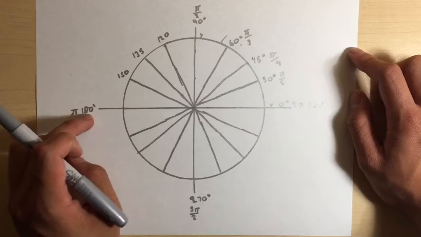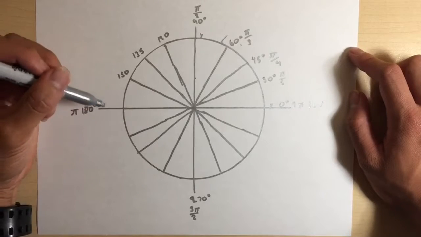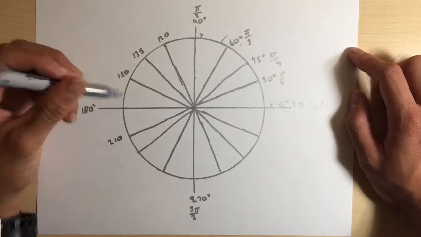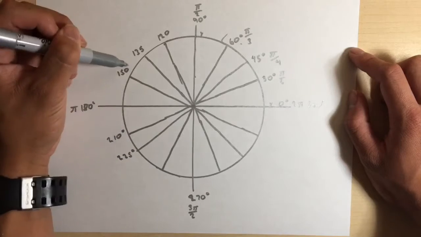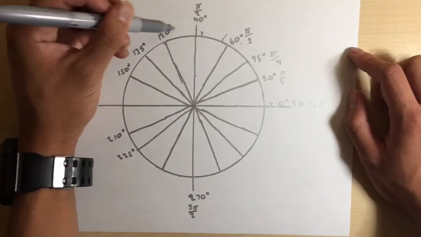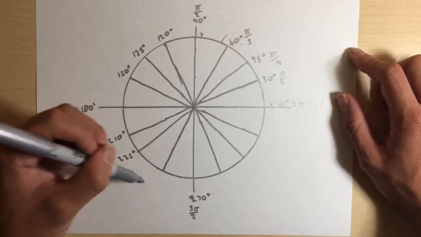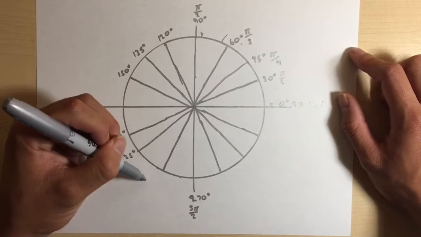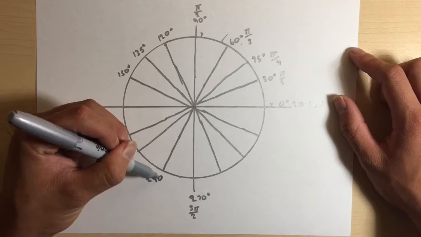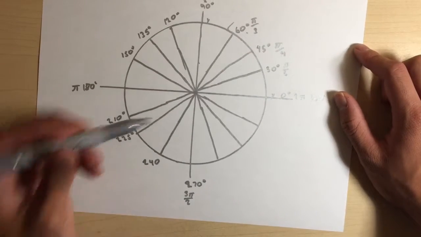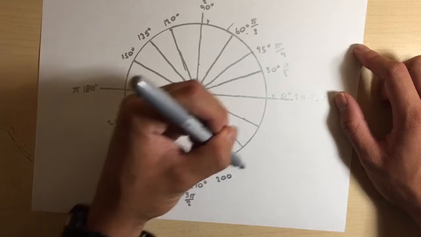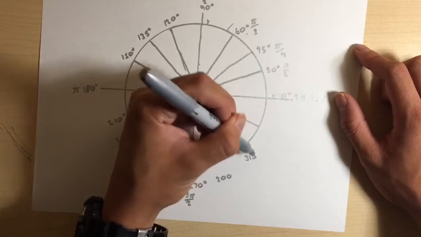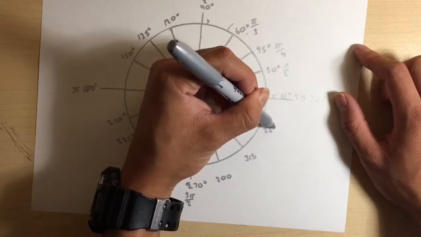And we'd continue, 180 plus 30 equals 210, plus 15, 225 degrees. And 240 degrees, 270 degrees, 300, 315, and 330 degrees.